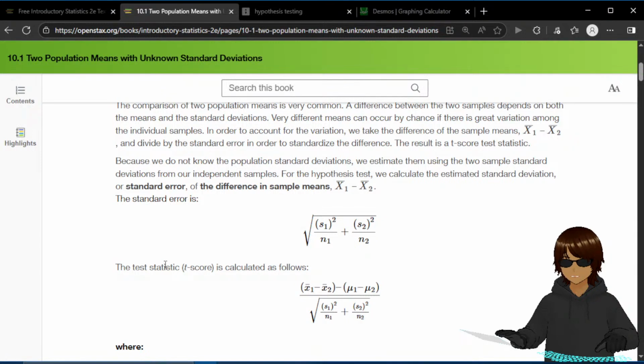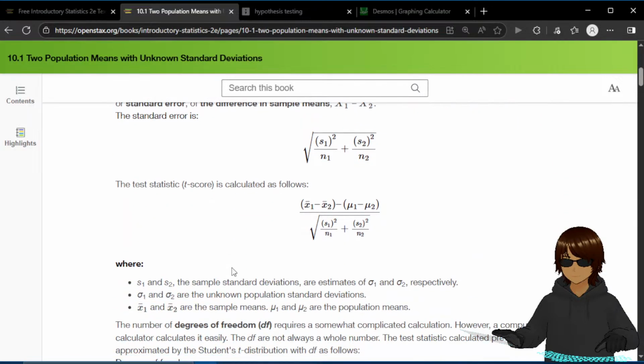The test statistic is calculated as follows: x bar 1 minus x bar 2, minus the difference in the means, then divided by the square root of s1 squared divided by n1 plus s2 squared divided by n2.